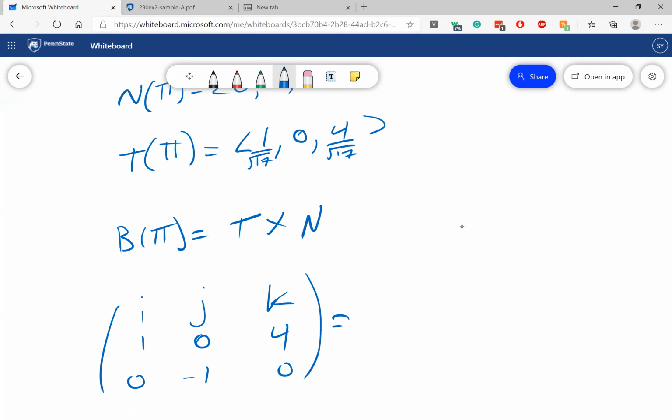Yeah, so then this is going to be equal to i times that minus that, so that would be 4, plus minus j would be 0, plus k, and that would be negative 1, so minus 1. So it should be 4, 0, negative 1.